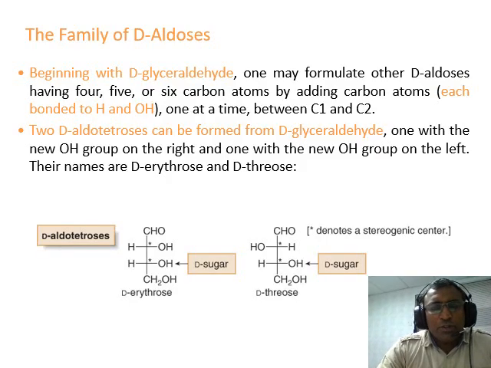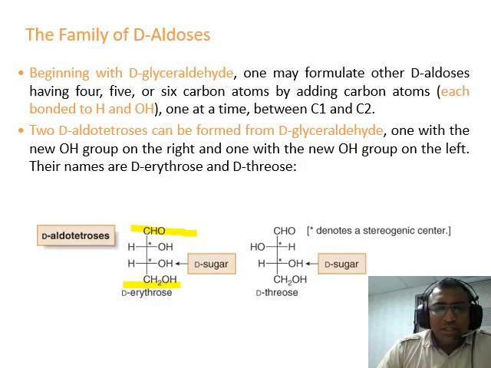So here we're going to talk about the family of D-aldoses, and later we'll talk about the family of D-ketoses. So you have the carbonyl group, and then you add more carbon. If you already had 4 carbon as shown here, there will be 2 stereogenic centers for the aldose. And if there are 2 stereogenic centers, in total there will be 4 stereoisomers.